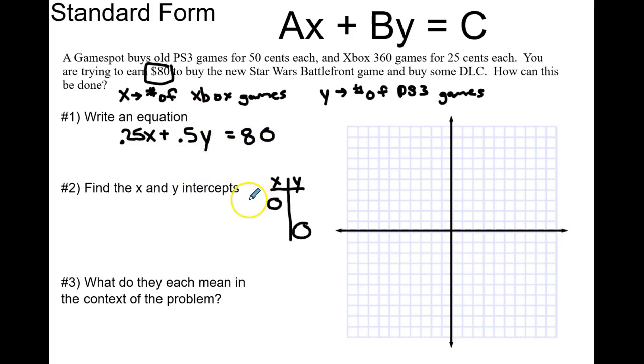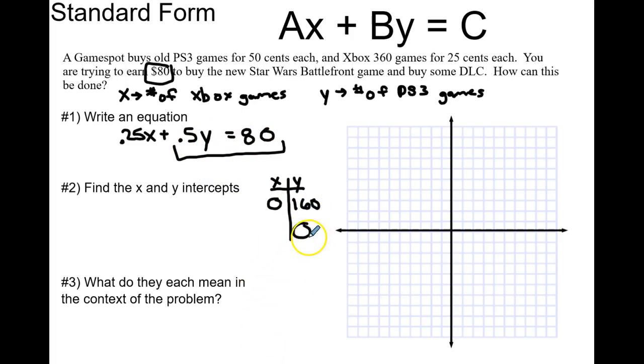This is something you could probably figure out in your head, but what you could do is just cover up the 0.25x completely, because we don't need it, because x is 0. Some people call this the cover-up method. Then you're just solving 0.5y equals 80. Well, half of what is 80? That would be 160.